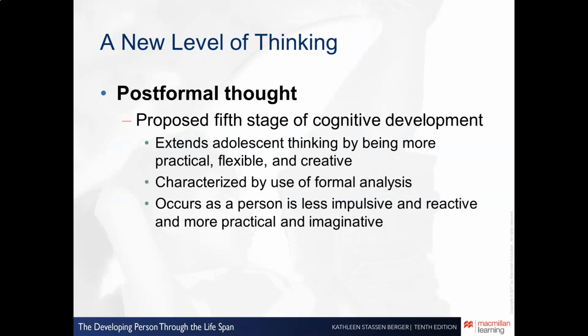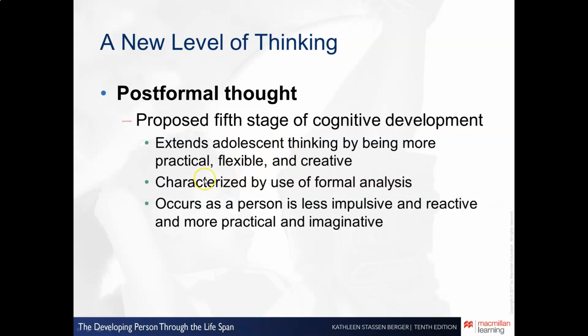Another term that you should be familiar with is called post-formal thought. That's the fifth stage of cognitive development, and basically it's usually characterized by being more practical, flexible, and creative than we tend to be when we are adolescents.